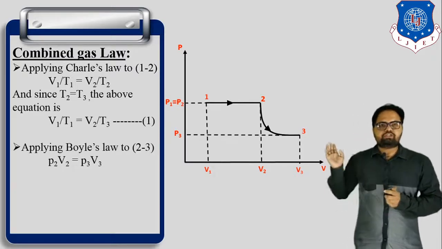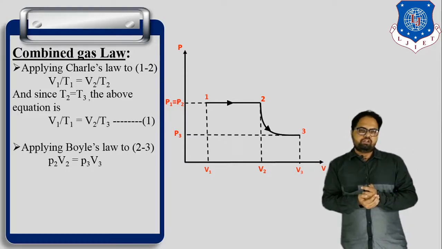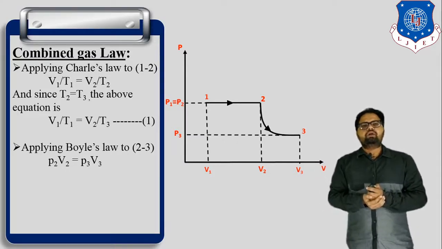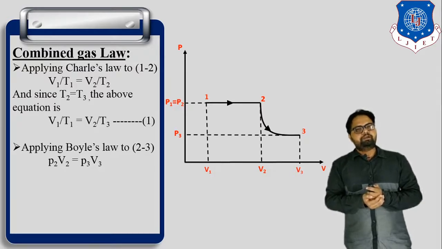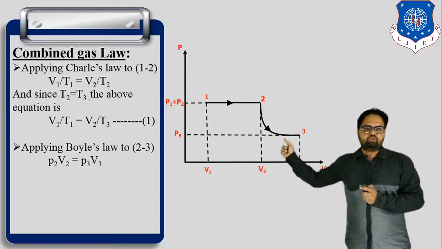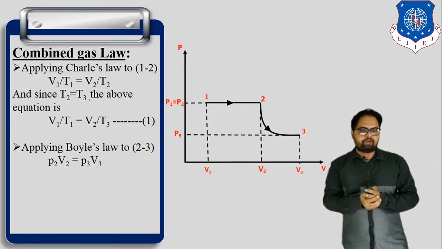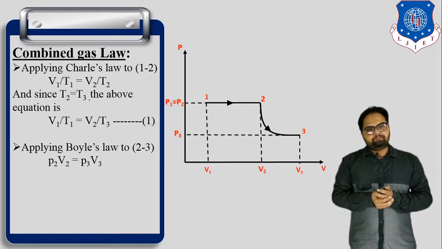Now during process 2 to 3, we have already discussed that it follows Boyle's law, and we know that in Boyle's law the temperature of the system remains constant, and the equation is P2V2 is equal to P3V3, because during process 2 to 3 it follows Boyle's law. Okay. But we know that during process 1 to 2 the pressure of the system remains constant, that means P1 is equal to P2.